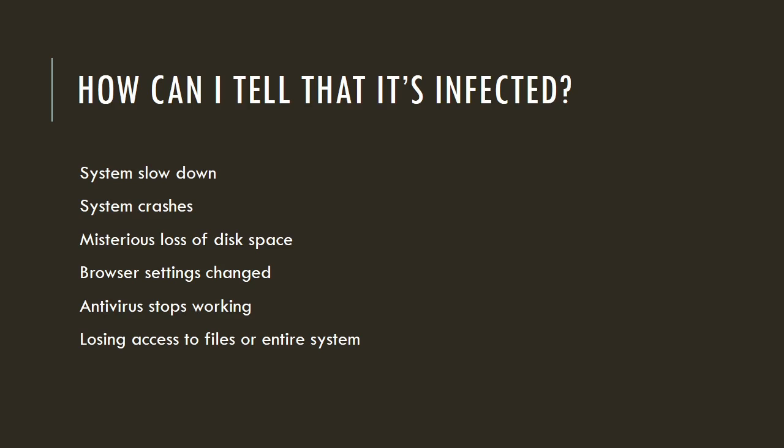So, if your system slows down, or if the system crashes, or if there is a mysterious loss of disk space, if the browser settings have been changed and you didn't change them, or the antivirus stops working and losing access to files or to entire systems. So there are more than that, but these are like the first you can think of.